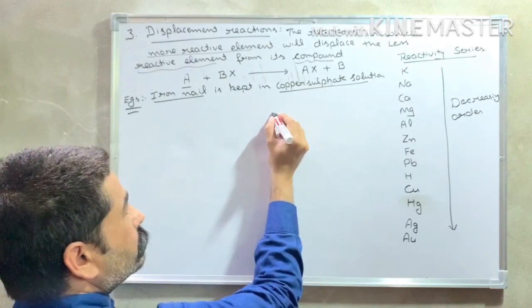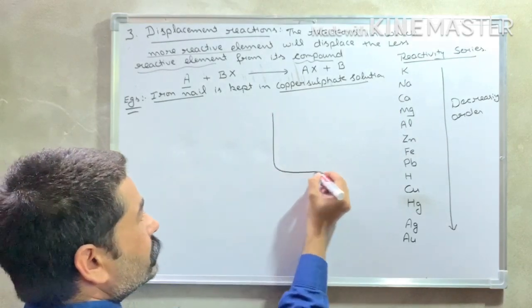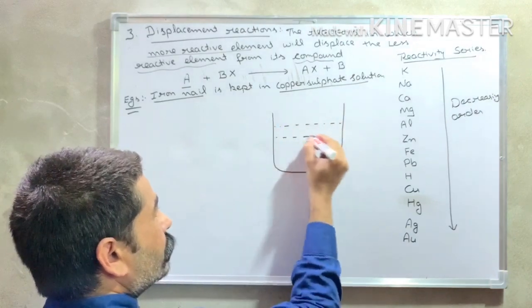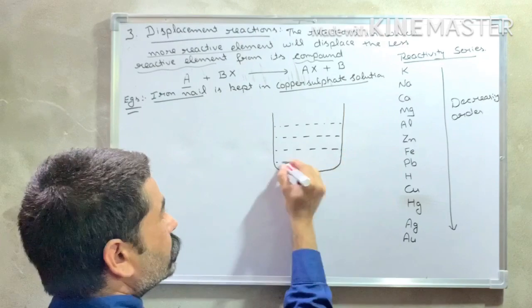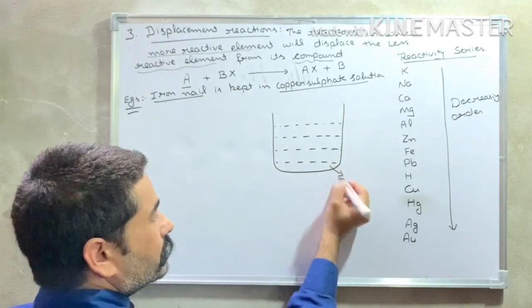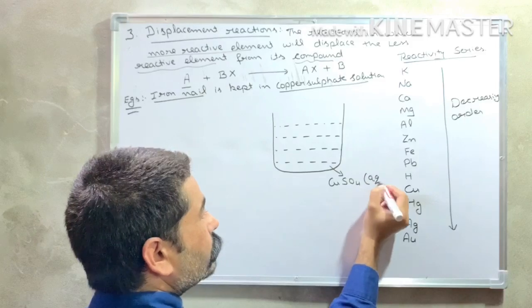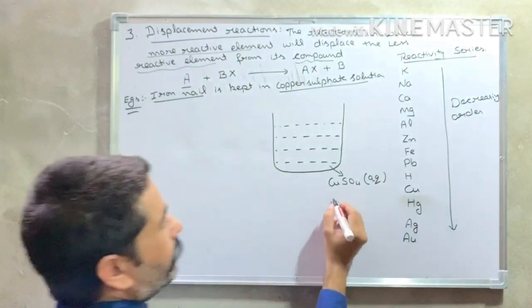Suppose in a beaker I have copper sulfate solution, in aqueous form. It would be light blue in color.